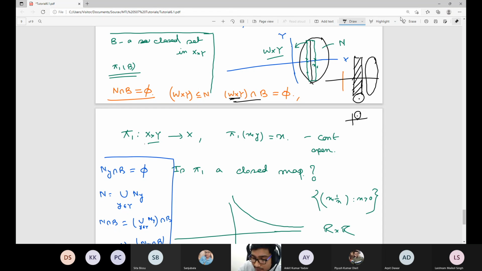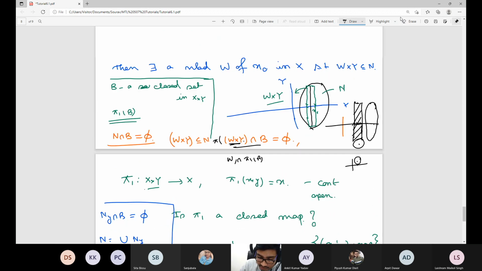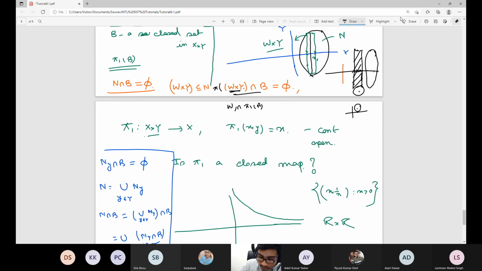That is why the projections of W cross Y lie in W, but the projections of the elements of B lie outside of W. So if we take the first projection, this will become W, but this will become pi 1 of B. Since W cross Y intersection B is empty, because Y is your second coordinate of the product space, we can say W intersection pi 1 of B is empty. Okay, clear?